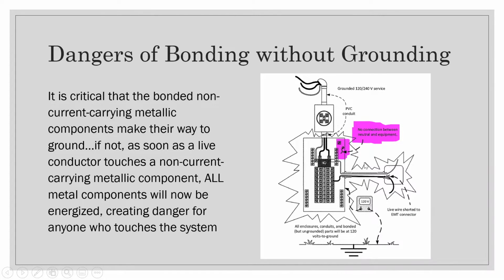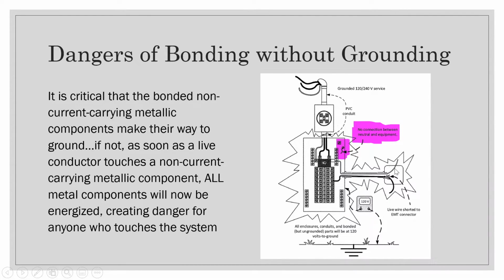But without that, now everything has become energized, and there's a potential difference between this point and ground. So if someone comes along, indicated by this voltmeter here, and touches even just the box, now they are going to get a 120 volt shock.